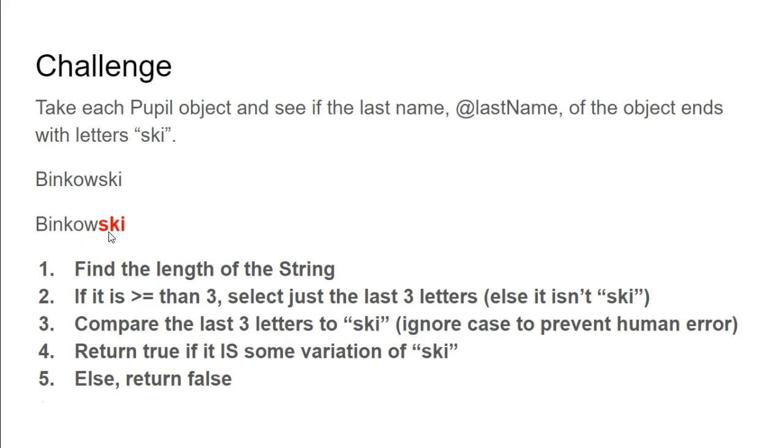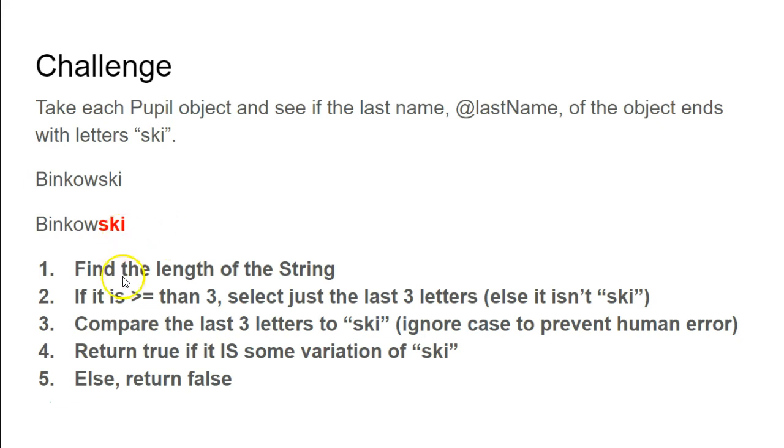But how do we do that? How do our minds actually think like that and then figure that out? Well, what I'm trying to do is figure out how do I tell a computer to do that. So the first thing I need to do is find the length of the string. In this particular case, 1, 2, 3, 4, 5, 6, 7, 8, 9.